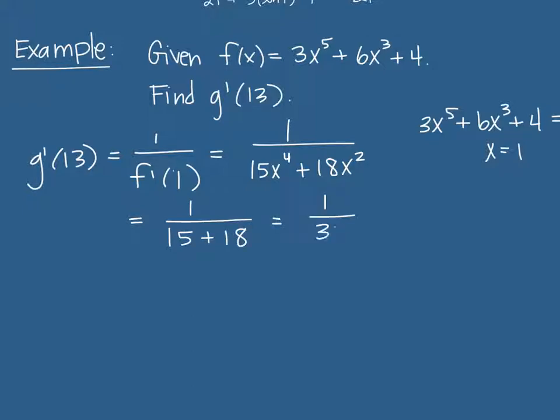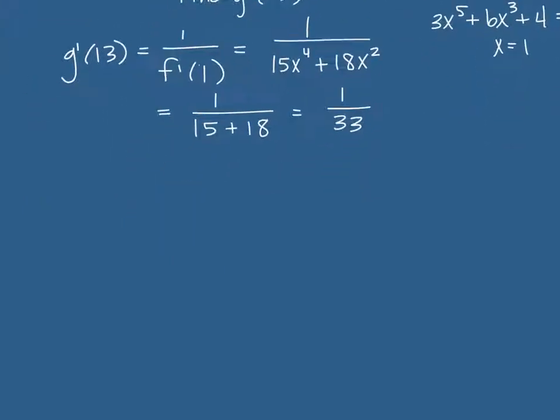So 1 over 33. If the slope on the inverse at 13 was 1 over 33, what was the slope on the original function? 33. Where? At x equals 1. Okay, very good.